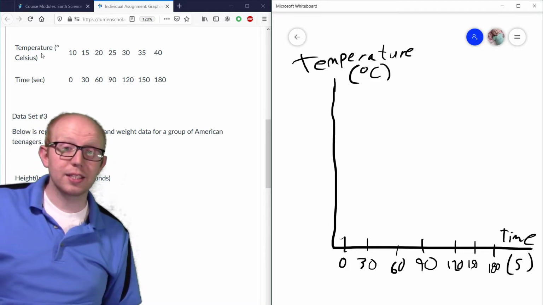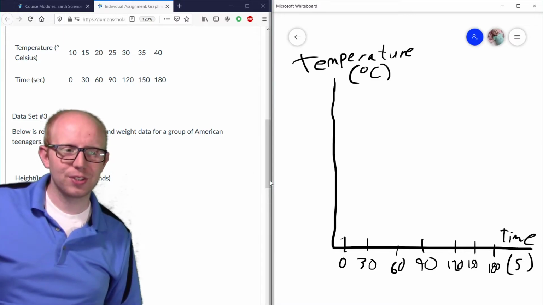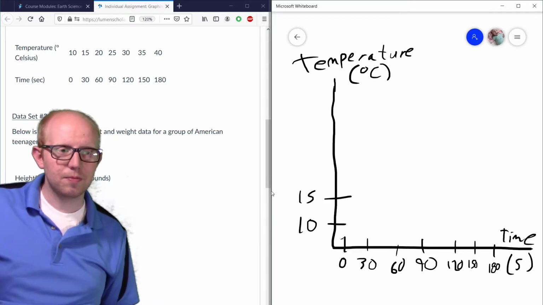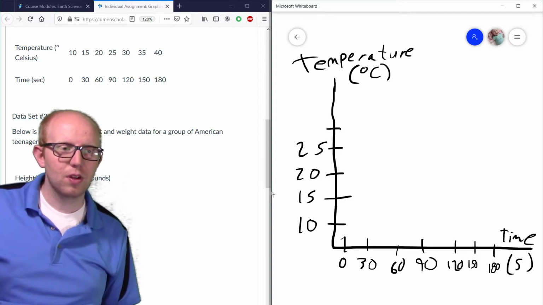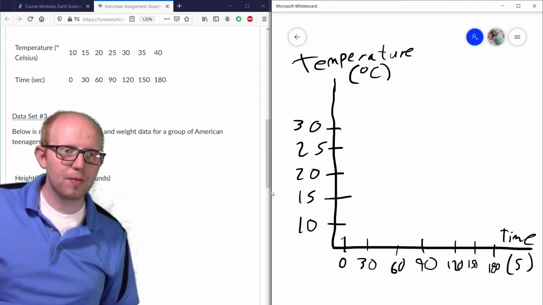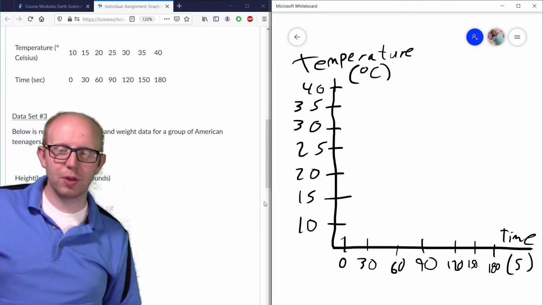And then on our y-axis, again, they happen to be already split up by 5, so we'll just use those. So we got 10, 15, 20, 25, 30, 35, 40. Okay? Now we go and plot the points.